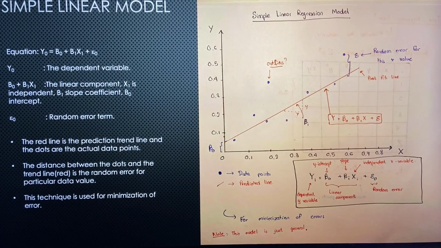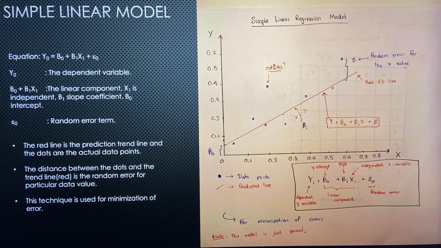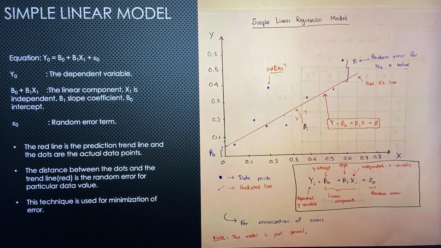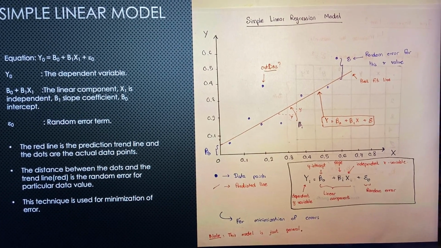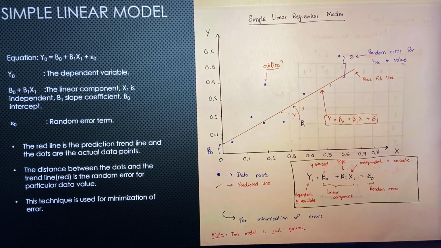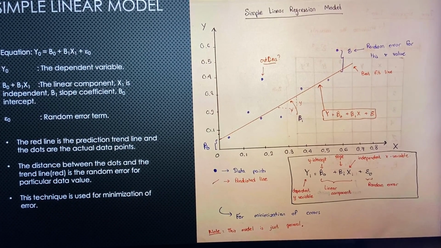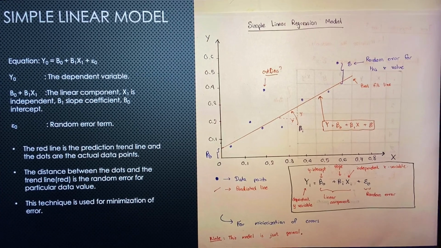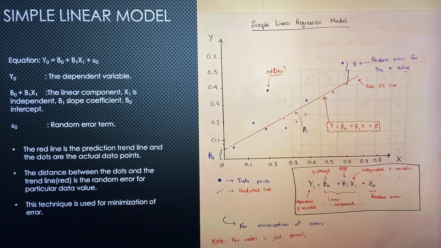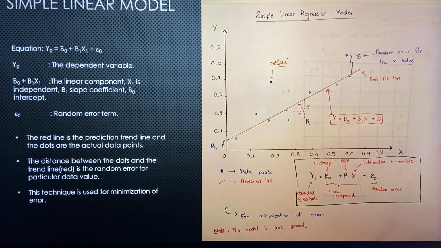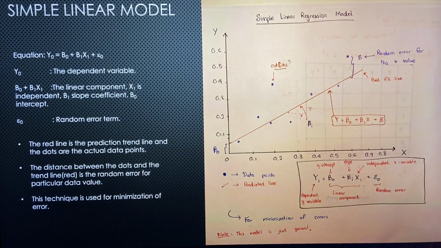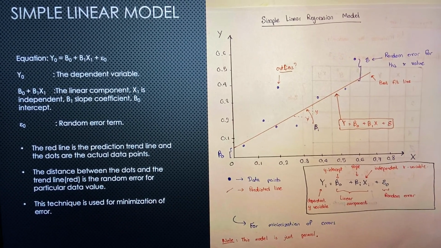In the graph, we can see the red line, which is the prediction trend line, and the dots are the actual data points. We draw the best fit line using the actual data points, and how far a point is from the line is called the residual distance. We use this model to minimize the error and find the best representation of the data.